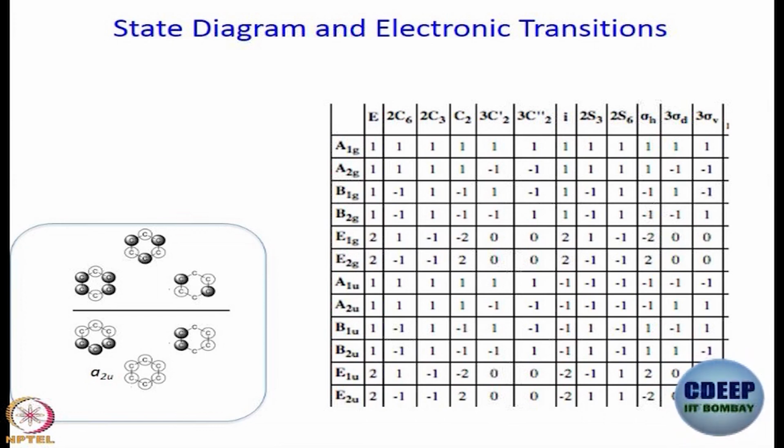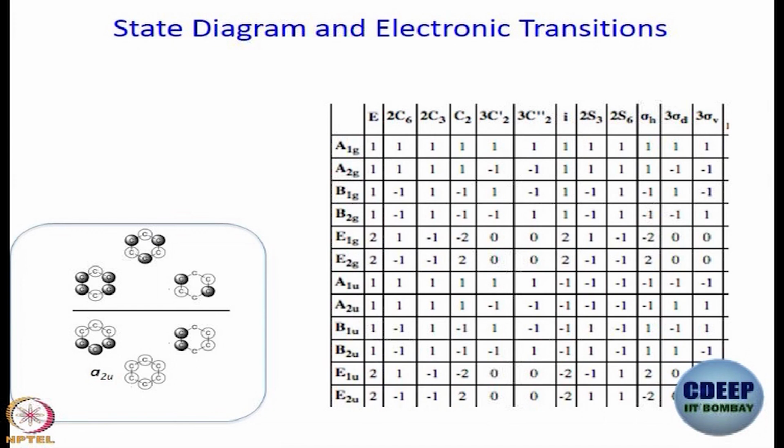So, in this case the question is E1G or E2G, right. Let us see E1G and E2G, where do they differ? They differ in the character of sigma H, right. Minus with respect to sigma H, that is E1G, plus with respect to sigma H, that is your E2G, right.